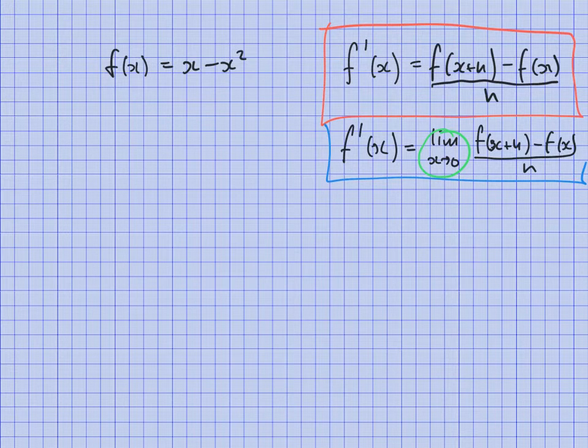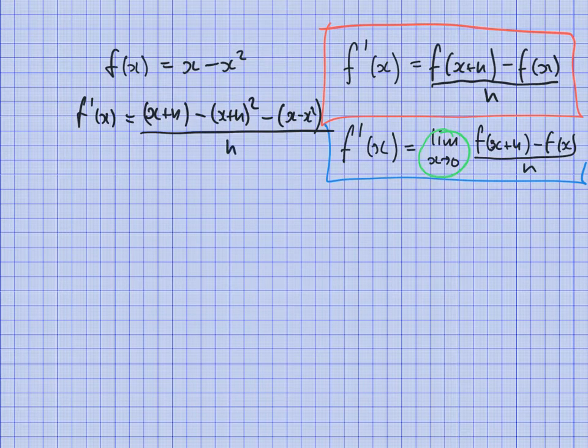Okay, so f dashed of x is equal to f of x plus h, so x plus h minus (x plus h) squared, minus, and I'm going to put brackets around this as well to keep things in order, (x minus x squared), all over h.